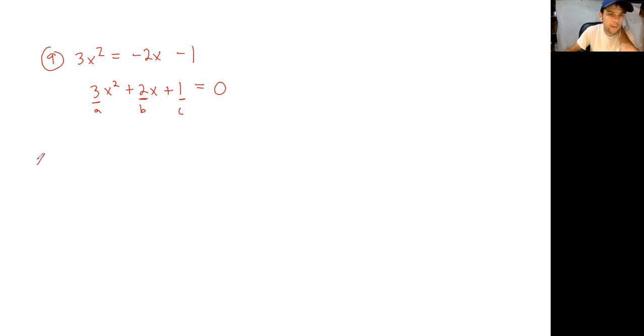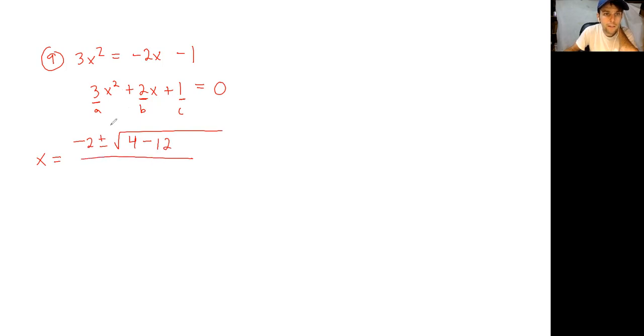And x is my variable, so I won't be making that mistake again. So it's the opposite of b, -2, plus or minus the square root of b squared. So that's actually 4, right? 2 squared is 4. Minus 4 times a times c. So 4 times 3 is 12, times 1, still 12.